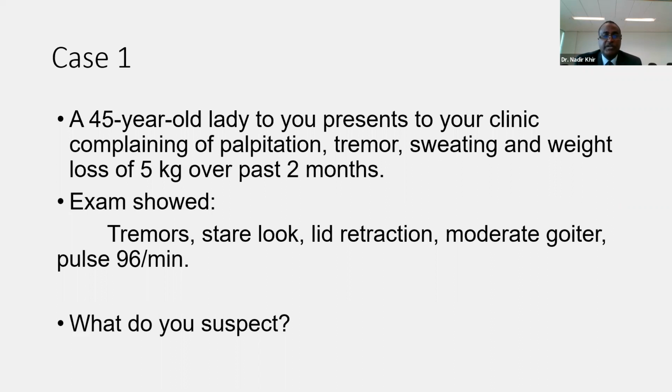The exam showed tremors, stare look, lid retraction, moderate goiter, and the pulse was 96. What do you suspect? Graves' disease. Yes, Graves' disease, hyperthyroidism. I would say hyperthyroidism first. It might be Graves', might not be, but what goes for Graves' here? The stare look and lid retraction.